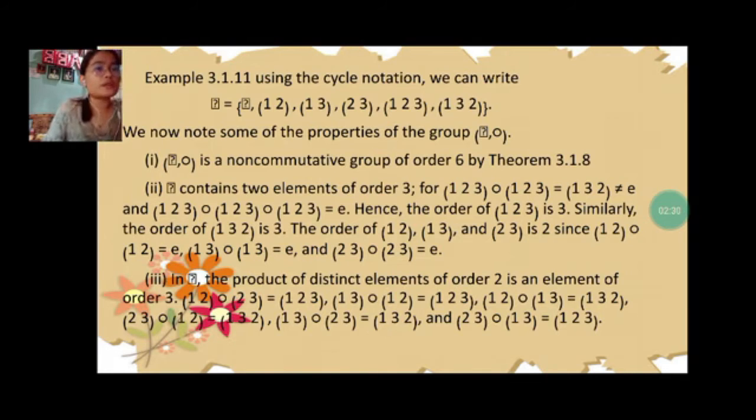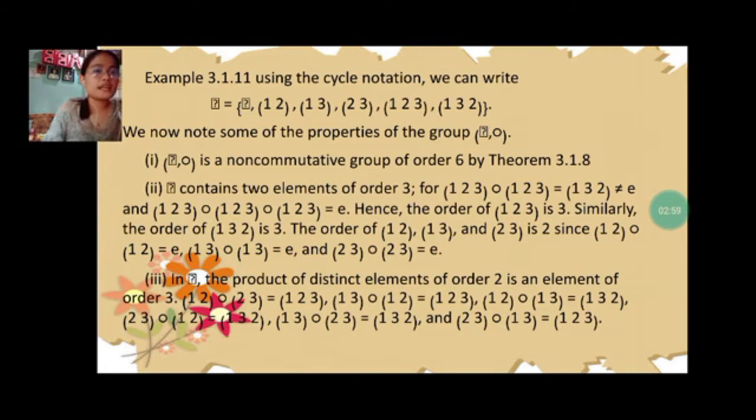The order of (1 2), (1 3), and (2 3) is 2 since (1 2) of (1 2) is equal to e, (1 3) of (1 3) is equal to e, and (2 3) of (2 3) is equal to e. Since it repeats, the result is e because the value is 1. Their order is 2, because using the cycle notation, the result repeats.